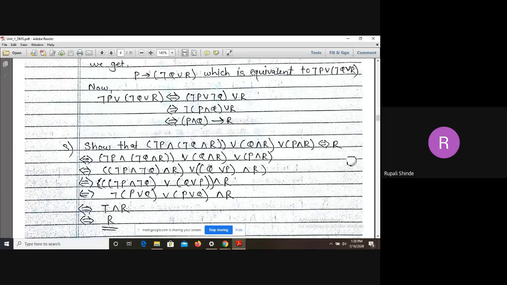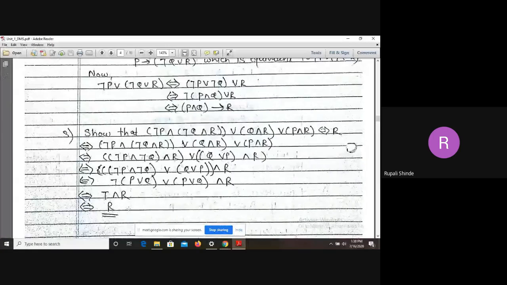So the final value for this formula is R, because the value of this one will depend upon the value of R. If you consider the value for R as T, then you will get T and T as T. If you consider the value for R as F, then T and F as F. Means the value for this formula will depend upon the value of R. That's why the final answer is R. So in this way we can prove this equivalence.